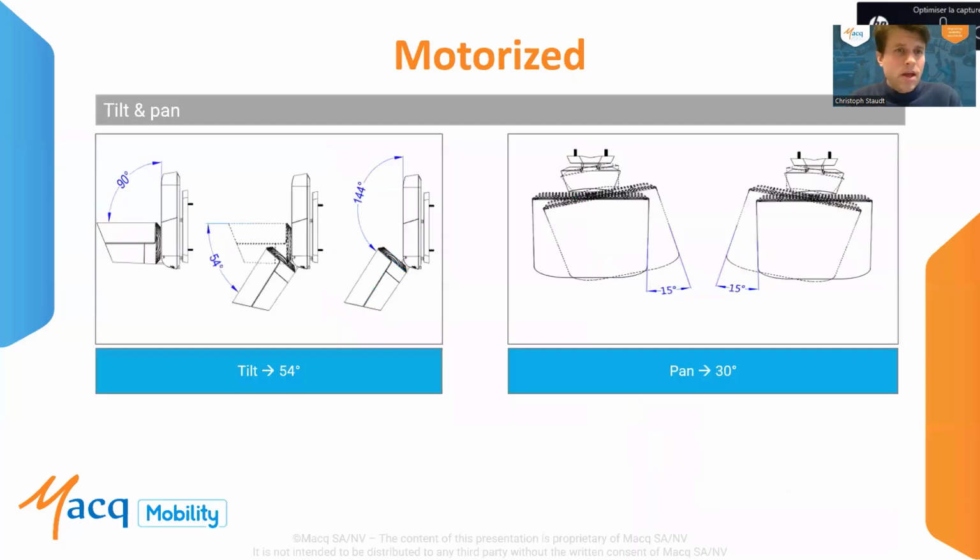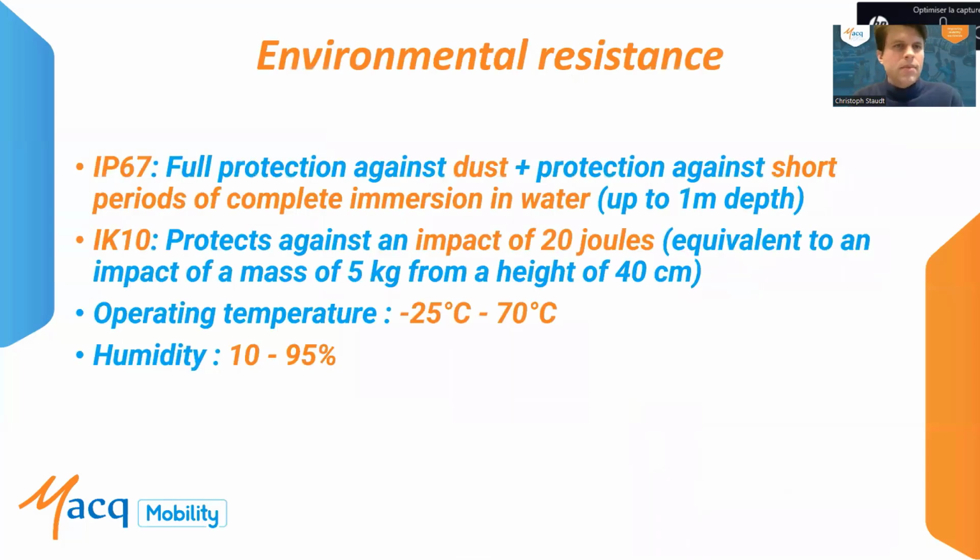It is motorized, so you have the possibility to tilt it up to 54 degrees down, and in the horizontal you can pan it in total 30 degrees, 15 on the right and 15 on the left. From an environmental resistance point of view, the camera is IP67.